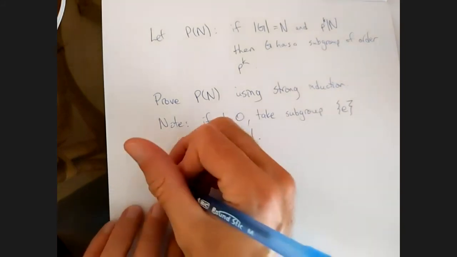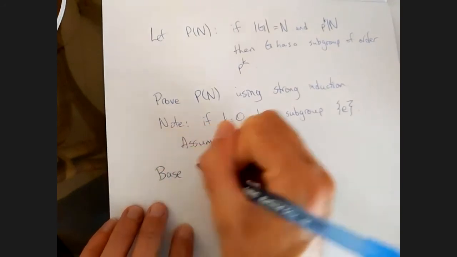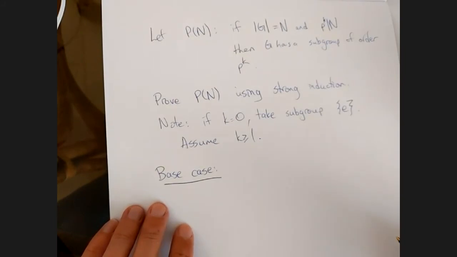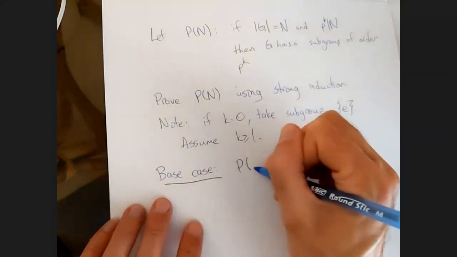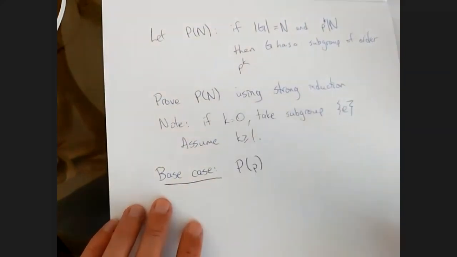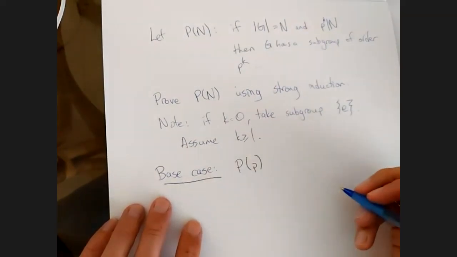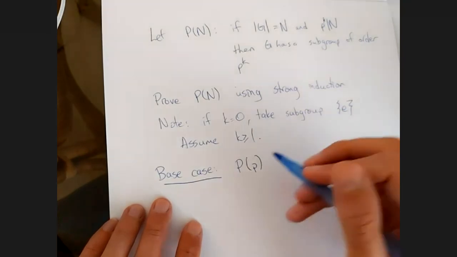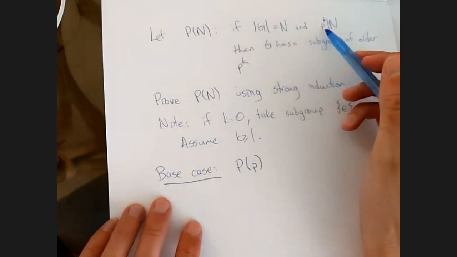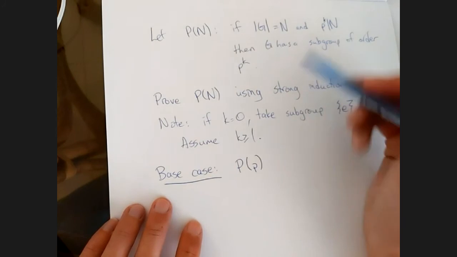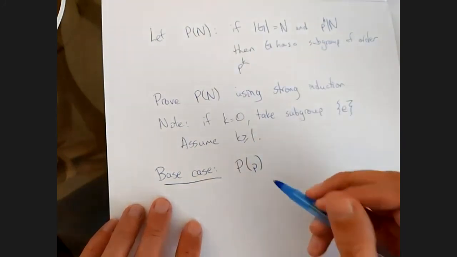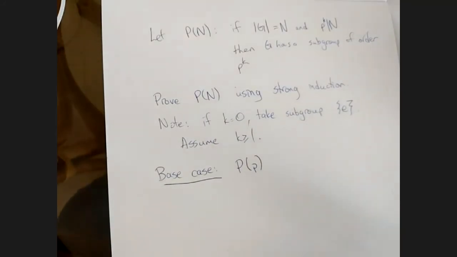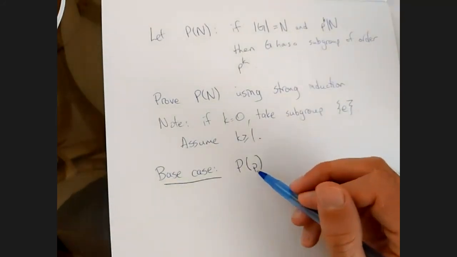Okay, so our base case is the property when n equals p. Because when k is bigger than or equal to 1, the statement is trivial for integers until you get to p.